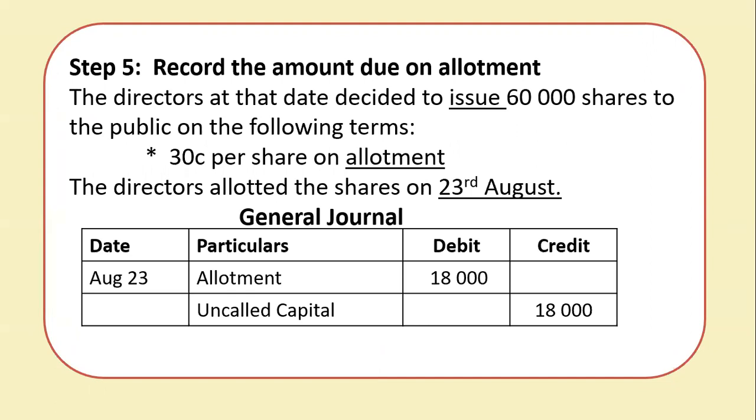They decided that on the 23rd of August the shares will be allotted. So the total amount of shares allotted is $18,000, so the amount due on allotment is $18,000. So debit allotment and credit uncalled capital. Remember, it's just due, it's not yet received. So this is a total of allotment, the shares that were allotted.